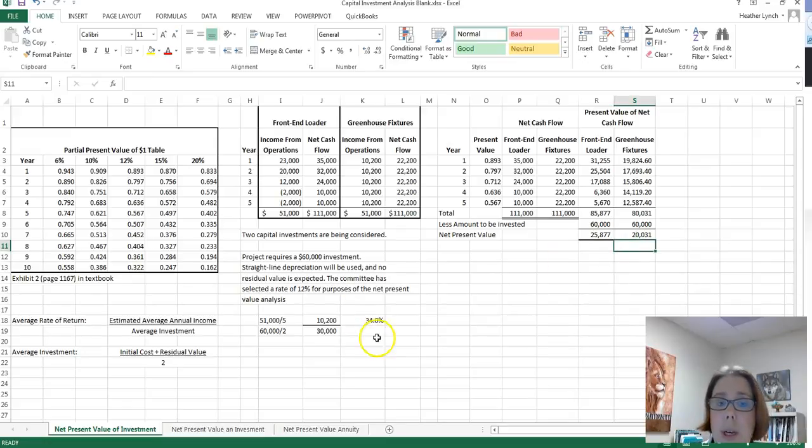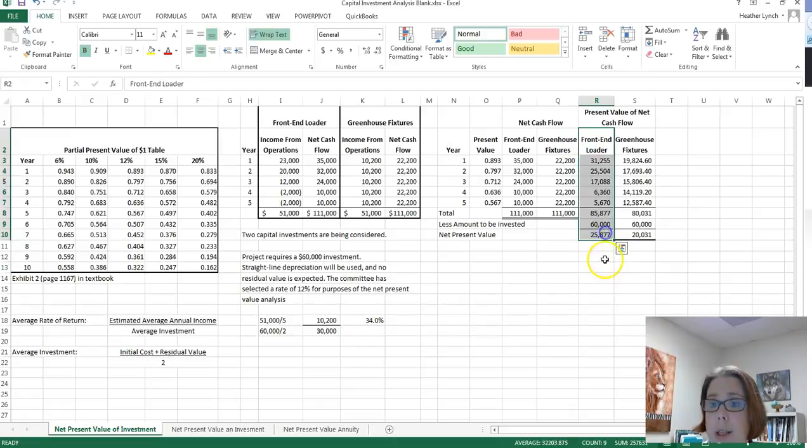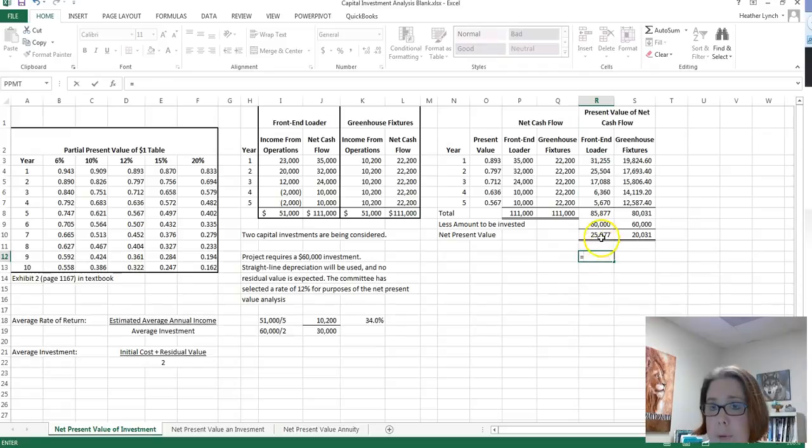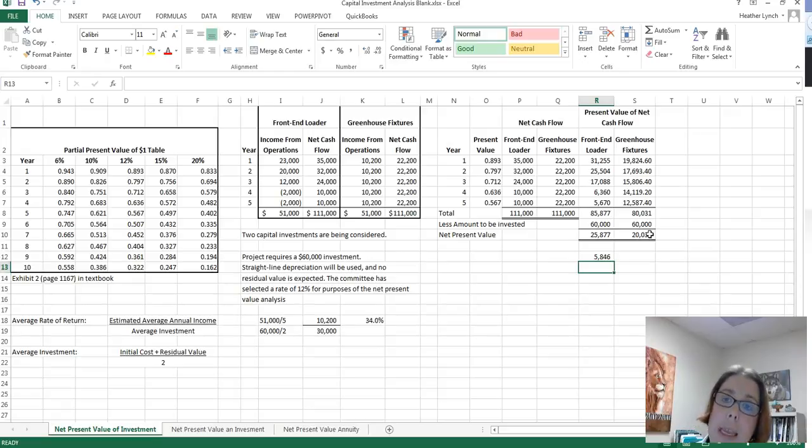Even though we still get a 34% average rate of return on both of them, your best bet is to invest in the front loader, because let's take the difference of these, it's going to give you $5,846 more in net income for the projects. Maybe later down the road you'll look at the greenhouse fixture. So that's what I have for that one.